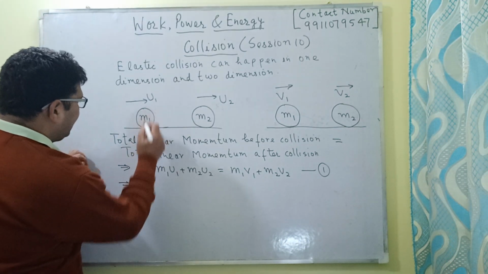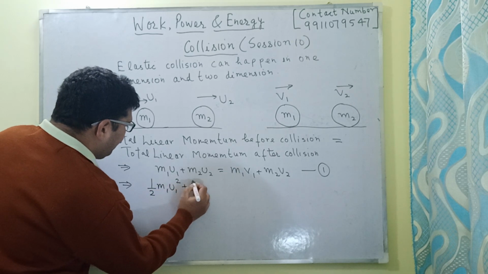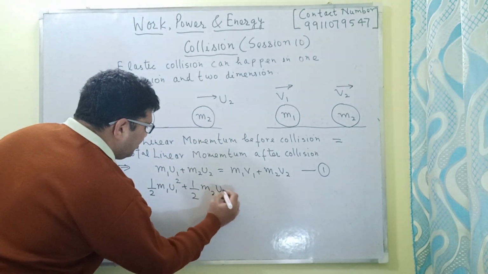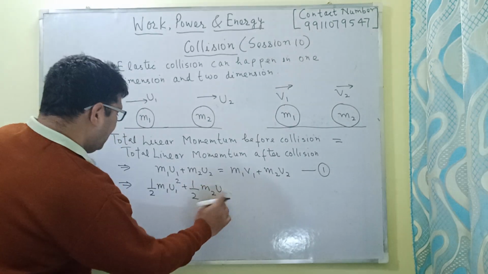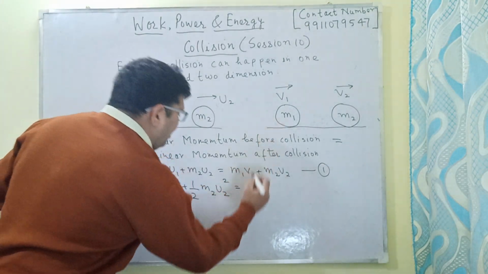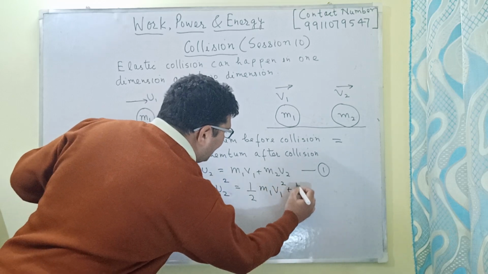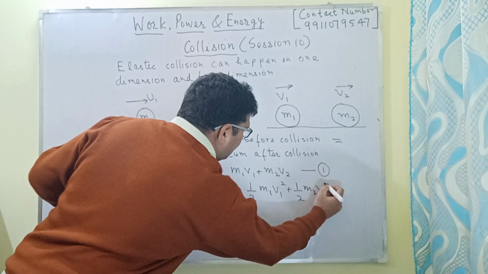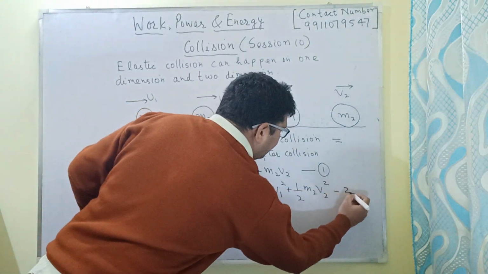So it implies that half m1 u1 square plus half m2 u2 square is equal to half m1 v1 square plus half m2 v2 square. So this is the second equation which I have got.